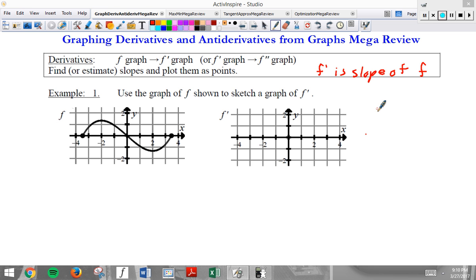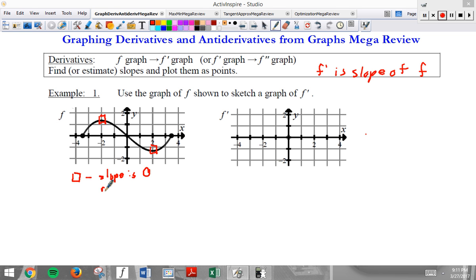So what I notice here is there's a couple key points. I'm going to look for the slope of 0. So I'm going to box the places where slope is 0. We're going to do that throughout this lesson. That's a 0 slope. That's a 0 slope. How do I know?